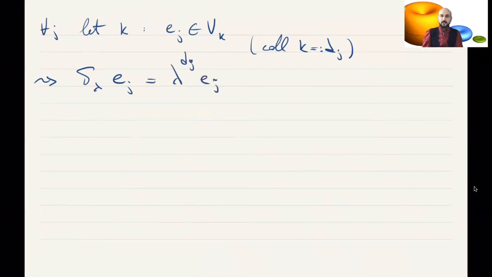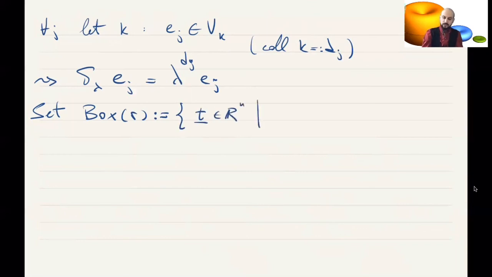All right, so now with having denoted these degrees, let me introduce the boxes. The box of radius r is all the points in Rn for which the absolute value of the jth component is less than r to the dj. In other words, let me also write it like this.